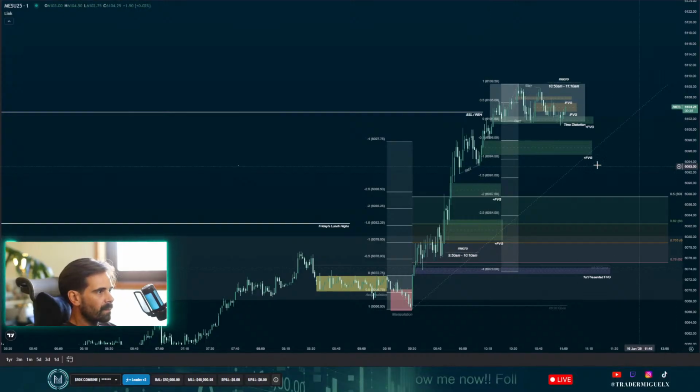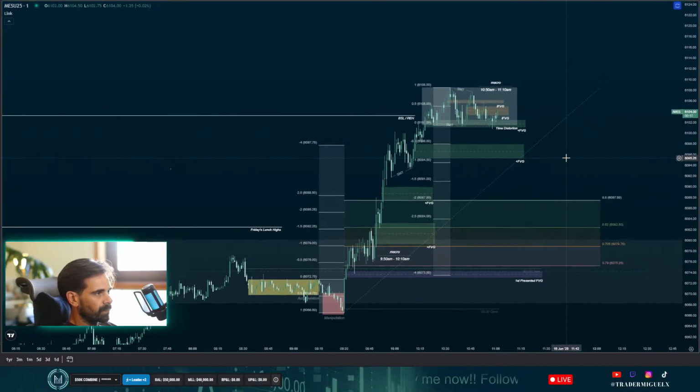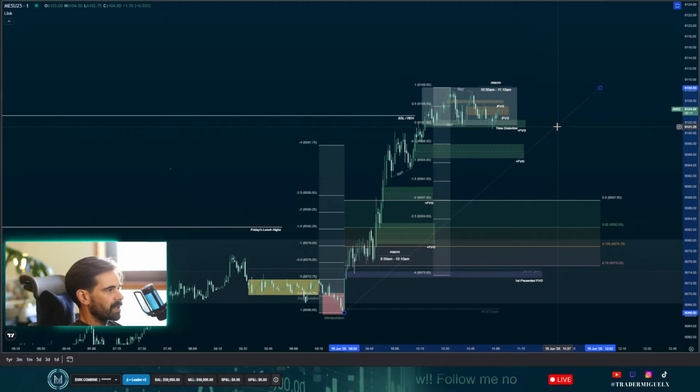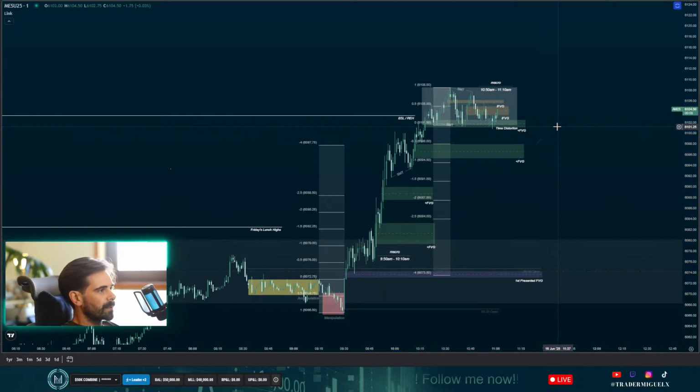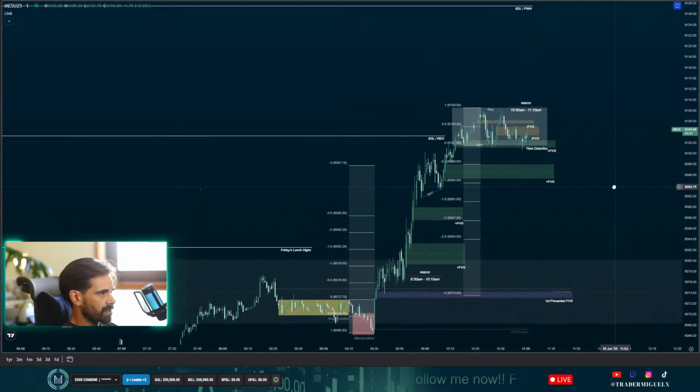Yeah, if price really wants to, it is quite acceptable for price to come here. And it can eventually dig a little bit lower, but that would be permissible. But for that to happen, I need to see something way cleaner. This is not giving me anything here. It's just a range inside of a box.